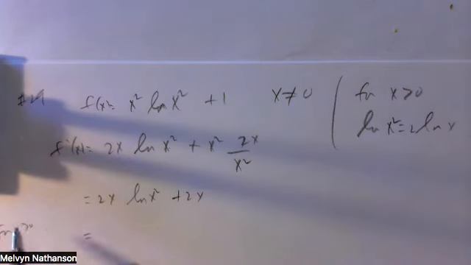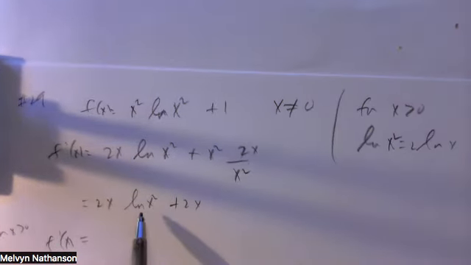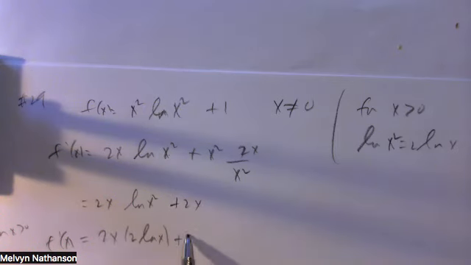For x greater than 0, f prime of x is 2x times 2 log x plus 2x, which is 4x log x plus 2x. When does that equal 0? That's equal to 2x times 2 log x plus 1.